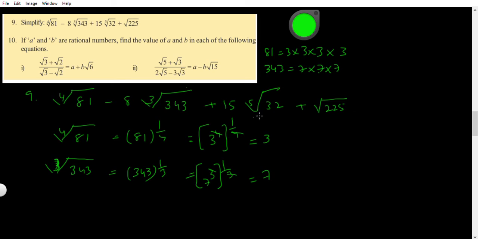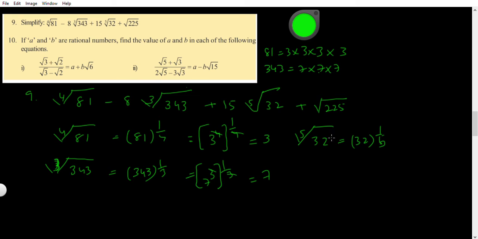Now coming to the fifth root of 32. Fifth root of 32 equals 32 to the power of 1 by 5. I told you clearly, fifth root means 1 by 5. Keep in mind, this is my exponential form and this is my radical form.